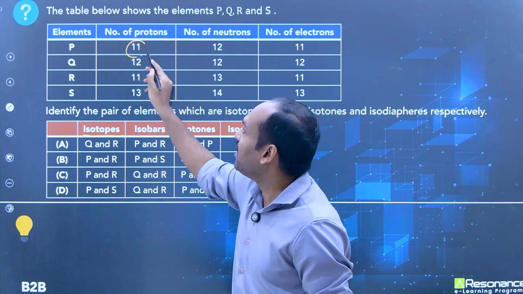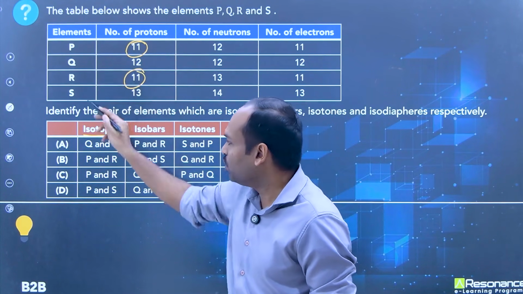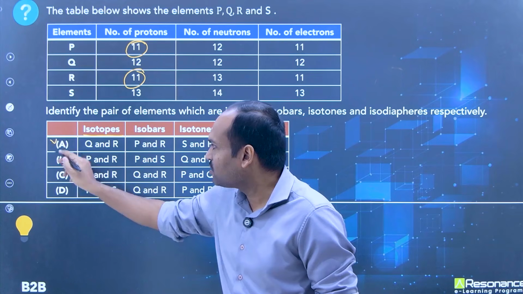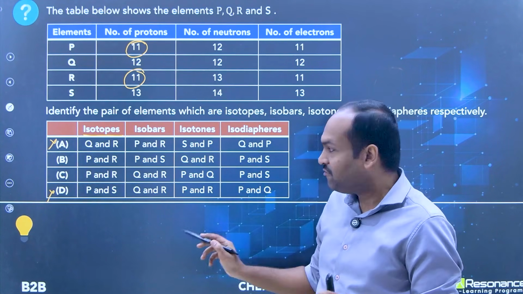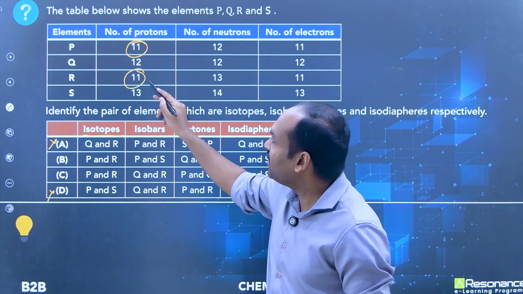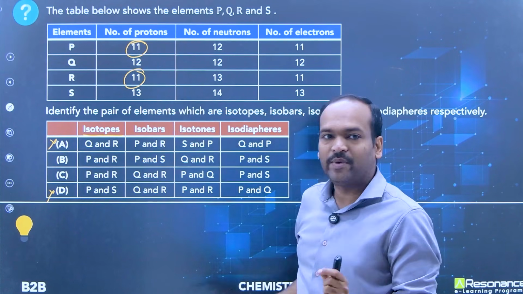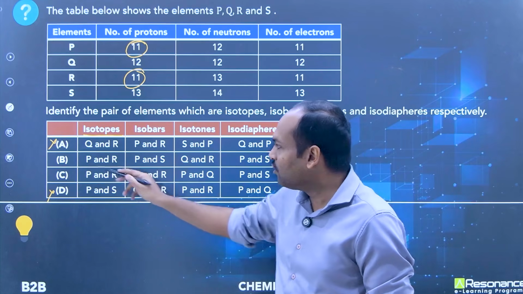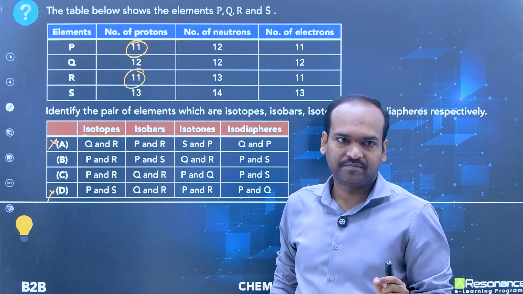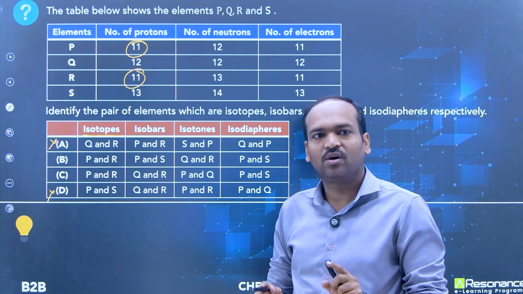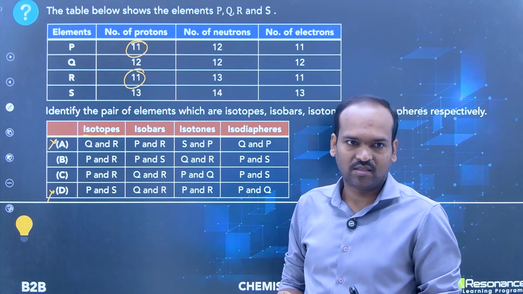Look at this, 11 and 11 for P and Q. So can I say that A is wrong and D is wrong? Only these two have the same atomic number, so either B is correct or C is correct.